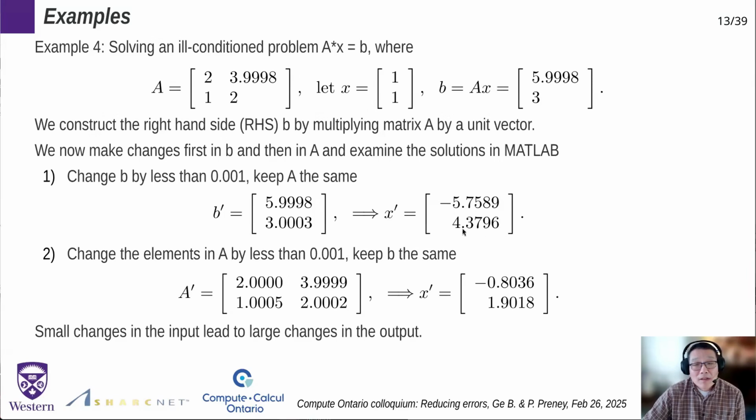Now we see the solution, which is way off the unit vector. Next, we change the elements in A, the first column, and then we solve for x. And then we get a different answer, which is also away from the unit vector we expect.